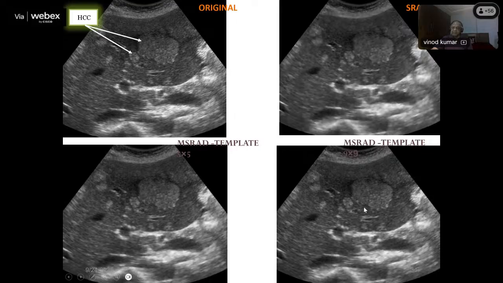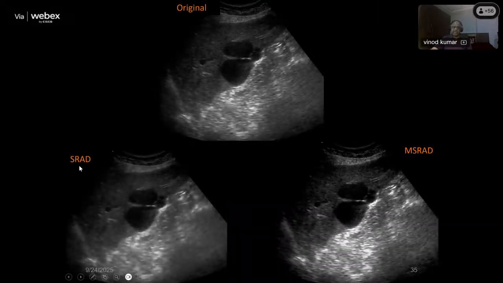This is with the 9 by 9 template. This is the modified method. If you compare this one and this one, or this one and this one, you will find this gives a visibly better result. Similarly, SRAD versus MSRAD, in this particular case, this is giving a better result as compared to this.